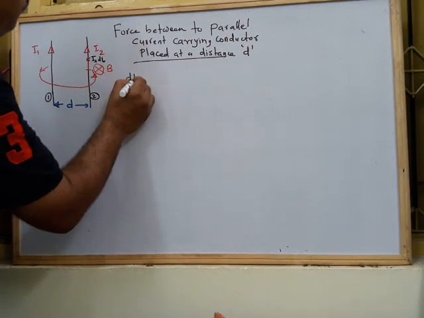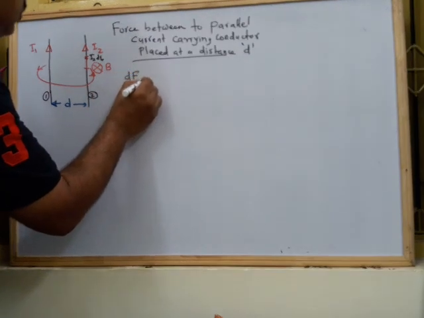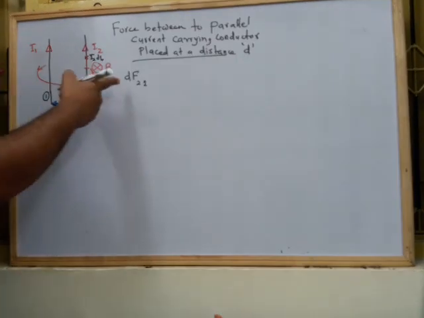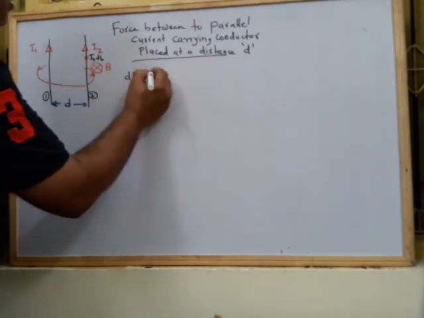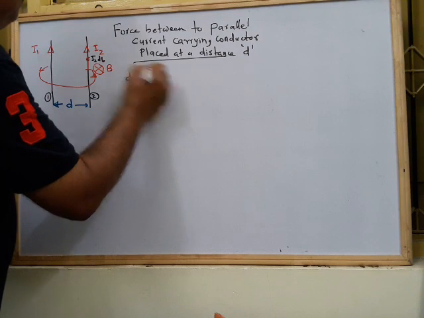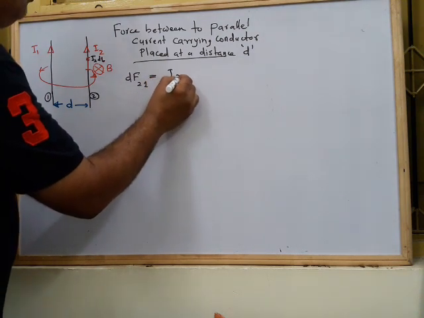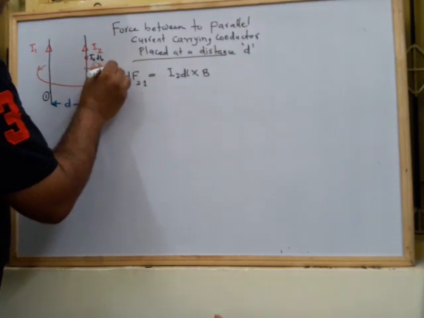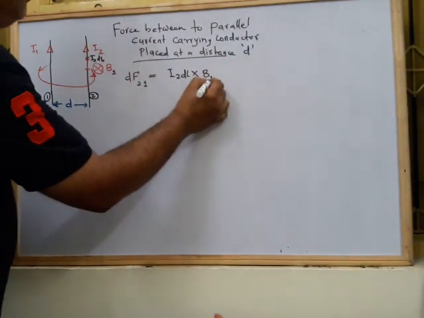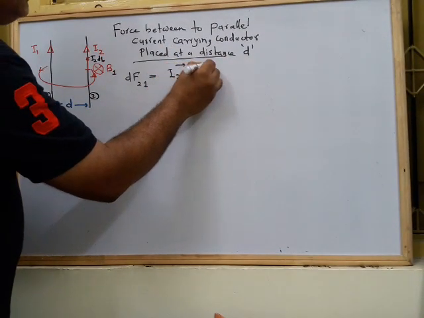So the differential force on wire 2 due to the current in wire 1 can be written as I2 dL cross this one, say this is your B1. So we can say it is B1 vector.